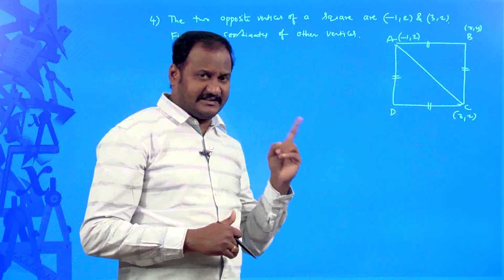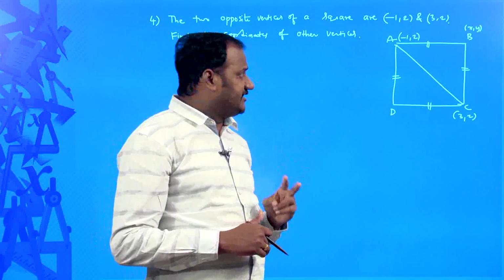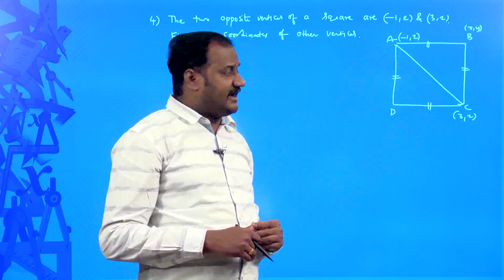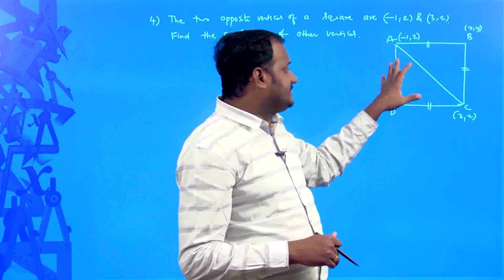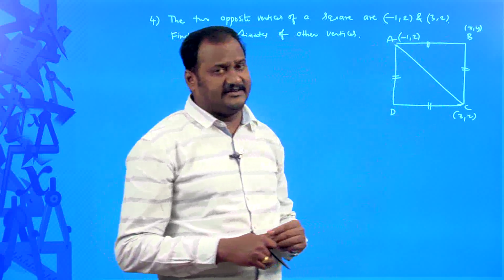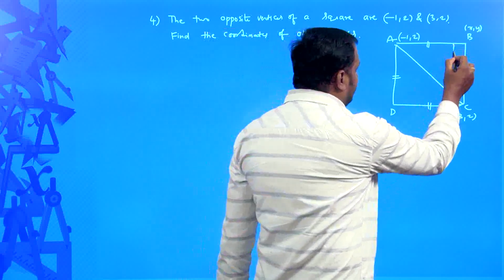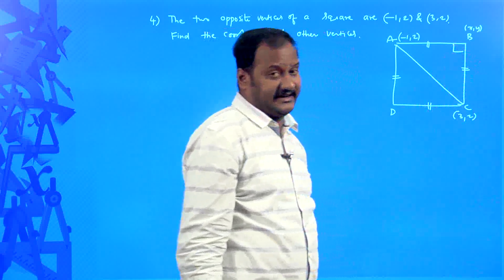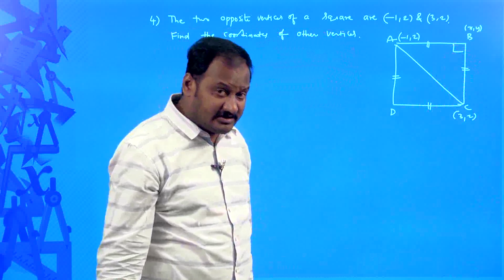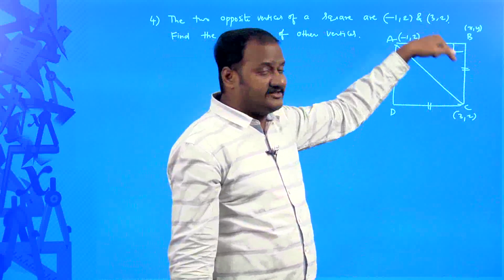One is that the lengths of all the sides are equal, and the second one is this diagonal, which divides the square into two triangles of equal area, and moreover this triangle ABC is a right angled triangle, and also it is a right angled isosceles triangle.